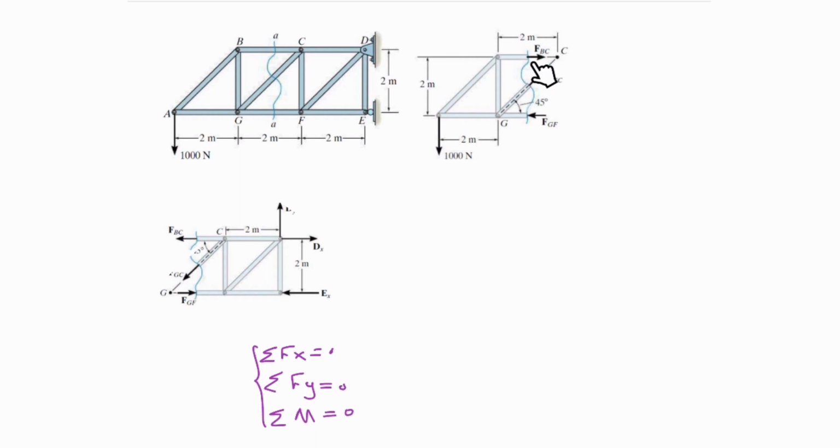And whenever you solve this and find a value for this, you put it here.